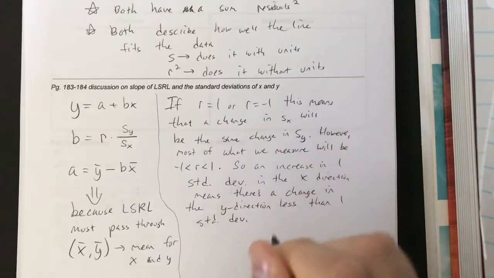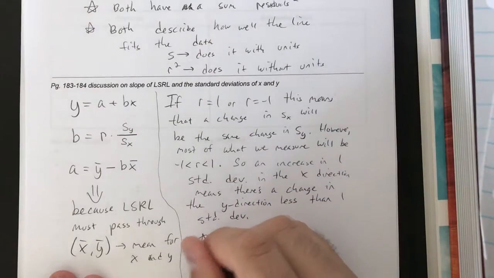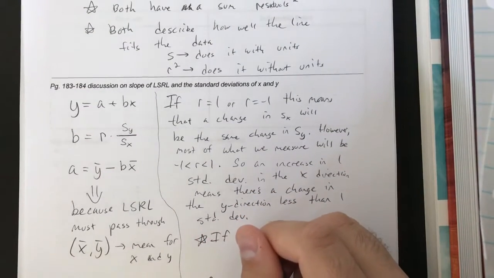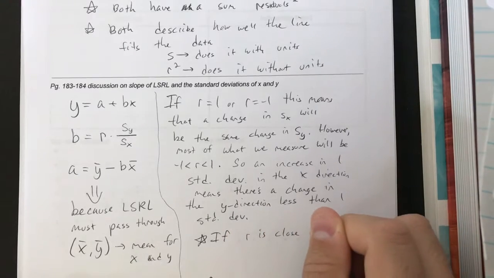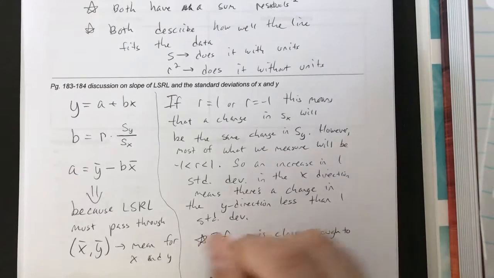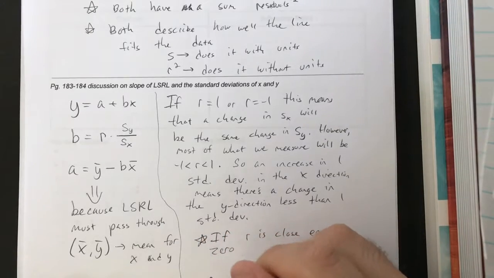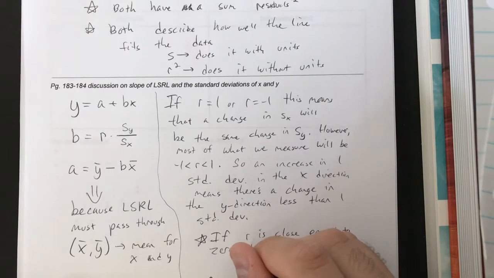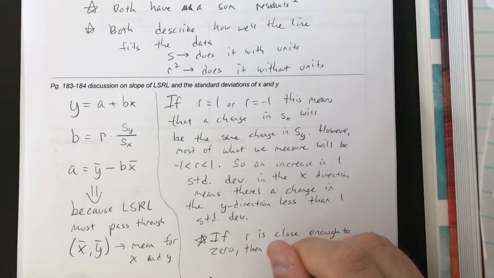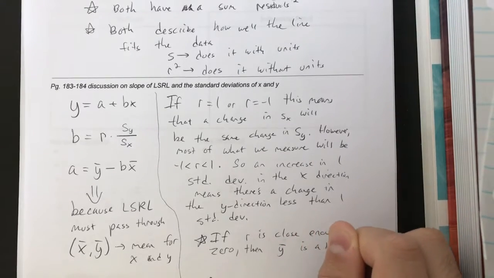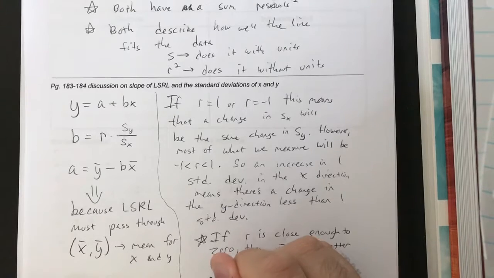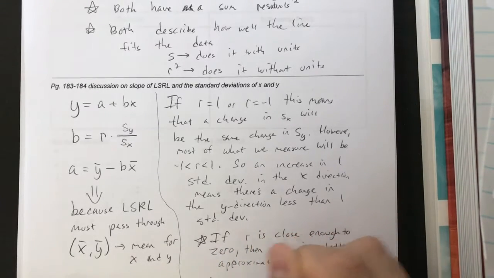And at a certain point, this is important, if r is close enough to 0, meaning that it's a weak enough association, then y bar is a better approximation or predictor than y hat.